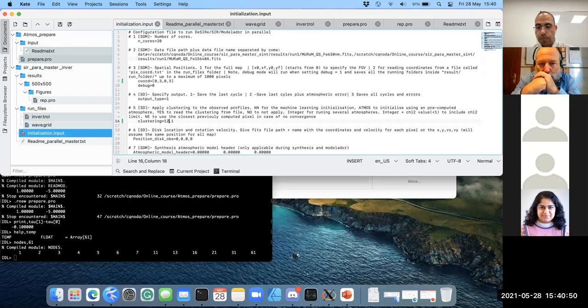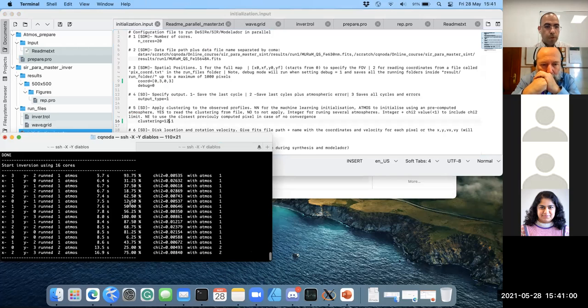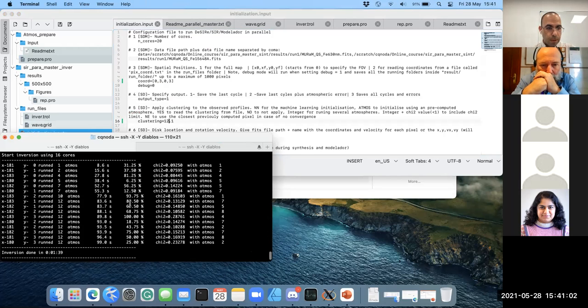How does it select that number, whether it's the first 5 or which 5 of the 12 atmospheres it checks first? In this case, none of the atmospheres reached the 0.1 threshold, so it ran all the atmospheres and then checked which inversion produced the best fit for SER.